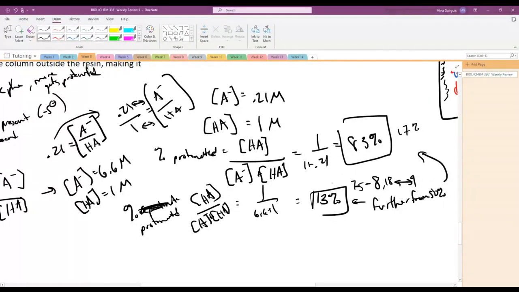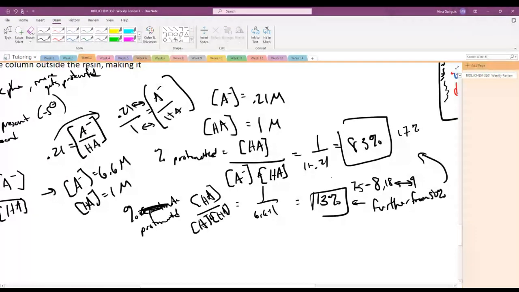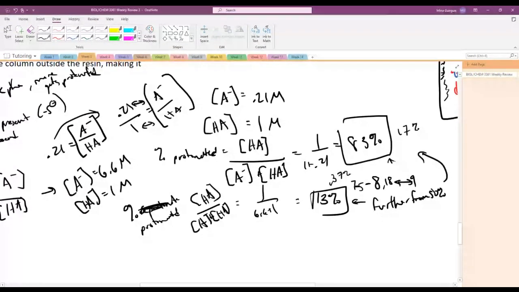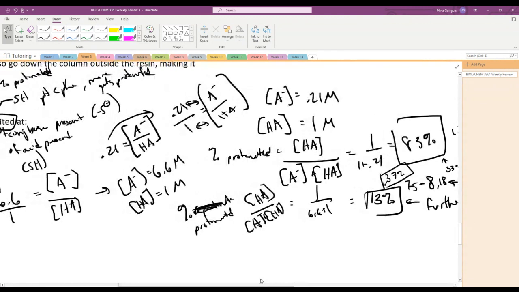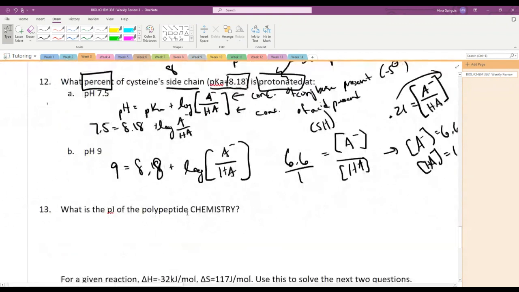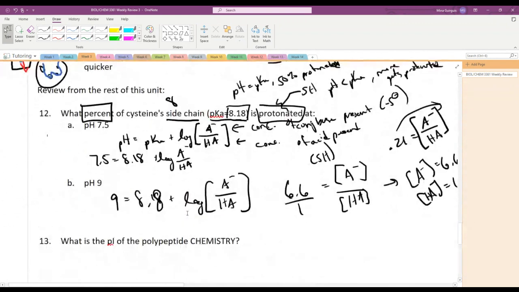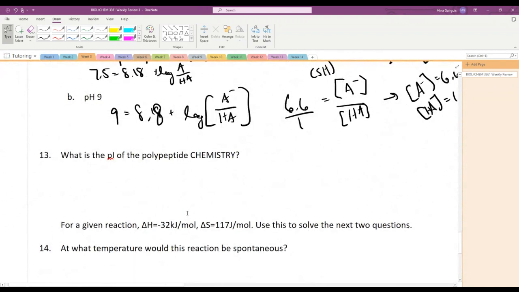If we want to put the numbers to it, this is 37% away, and this is 33% away. And so what that tells us is, once again, it makes sense. It's further away from the pKa, and its percent protonation is also further away, okay? All right, so we have, I believe, 5 more. So we're nearly done, I hope.